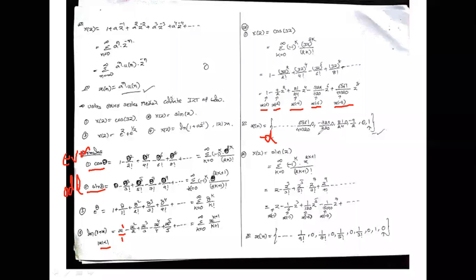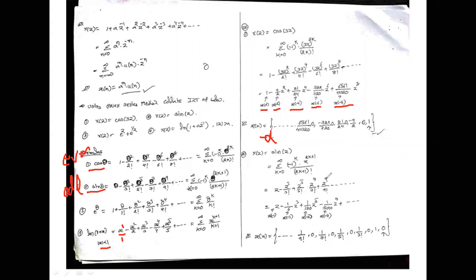Substitute the z here, because we know the formula for sine theta. Instead of theta here, the z is there. Sum of k equal to 0 to infinity, minus 1 whole power k, z power 2k plus 1 by 2k plus 1 factorial. Expand this function: z minus z cube by 3 factorial, z power 5 by 5 factorial, z power 7 by 7 factorial, z power 9 by 9 factorial.